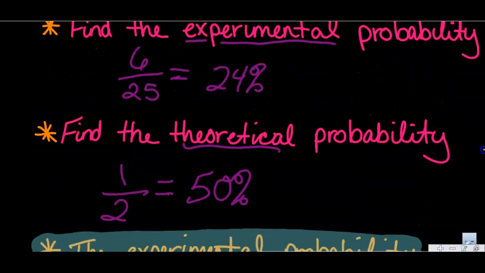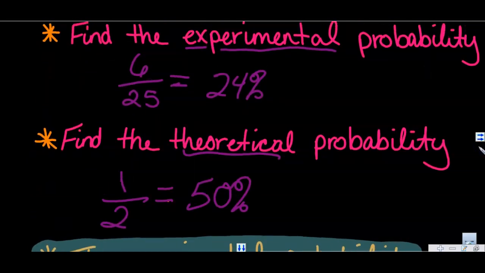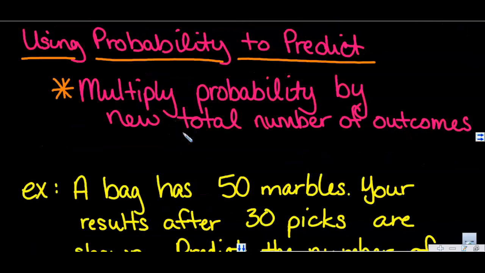So right now, the experimental probability is almost half of the theoretical. But if we were to flip those coins more, we would see that experimental probability increase, closer to the theoretical probability.